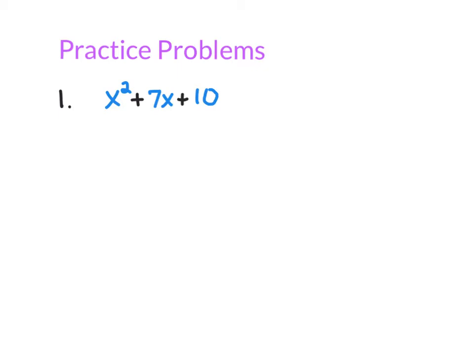Again, we're going to use the X game to help us out, okay? And the number at the top is a times c. This is 1 times 10, or in this lesson it's just c, which is 10. So we're trying to equal 10, and the number at the bottom is the b, which is the 7.